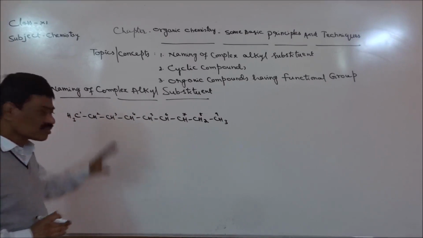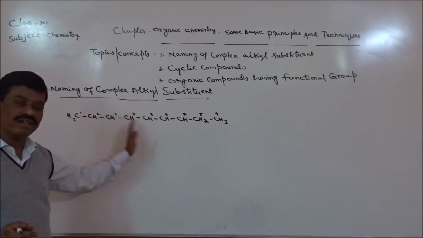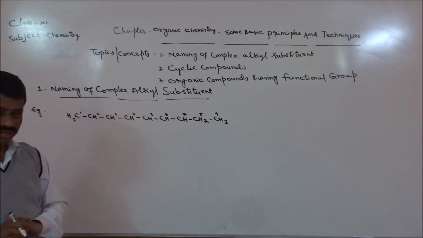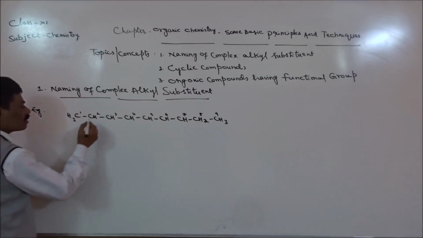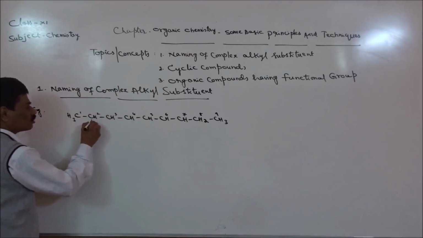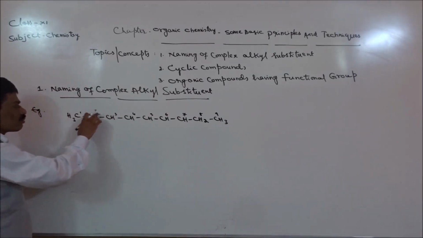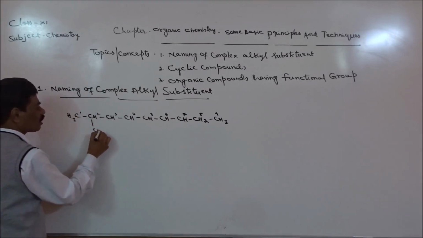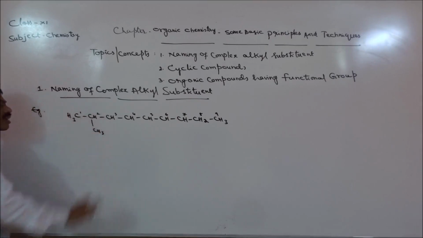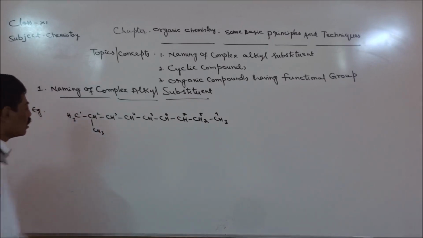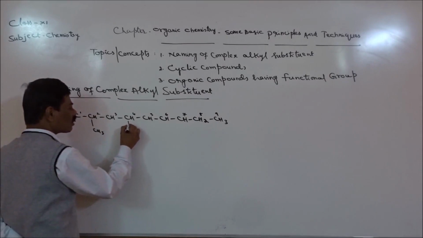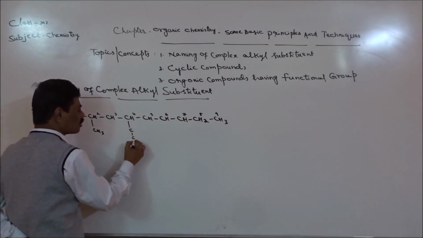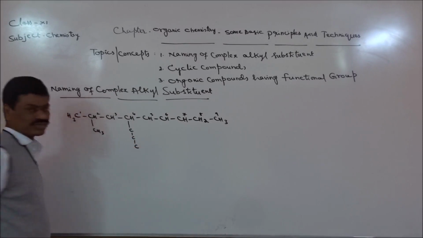Right? And I have not satisfied the valency of each carbon atom because I have to show the substituents. Imagine to carbon atom number 2, I am connecting a methyl group. Now the valency of the second carbon atom is satisfied. Now on the fourth carbon atom, here what I am doing is I will connect 3 carbon atoms.